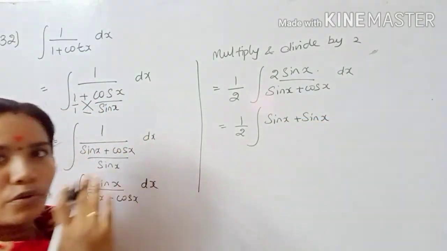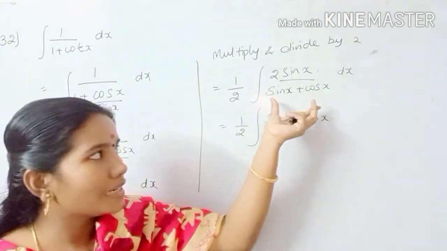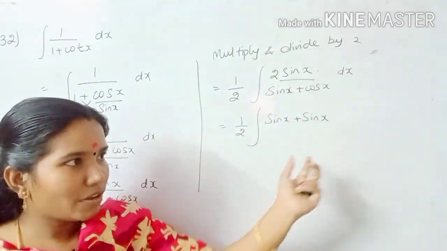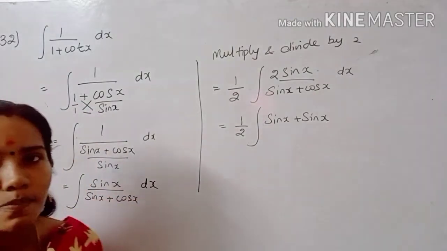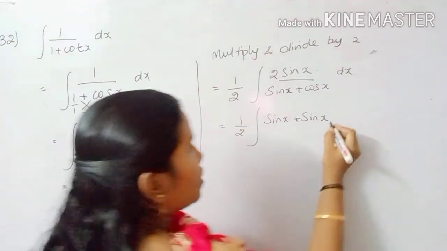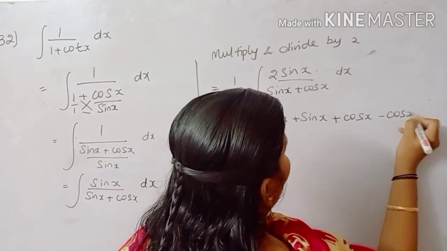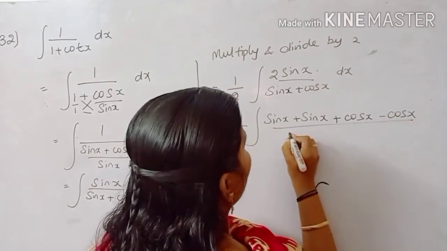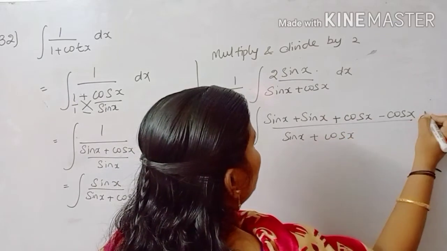Now we are going to add and subtract cos x, because in the denominator we have sin x plus cos x. So if I make a pair of sin x plus cos x and sin x minus cos x, we can easily solve. So add and subtract cos x divided by sin x plus cos x into dx.